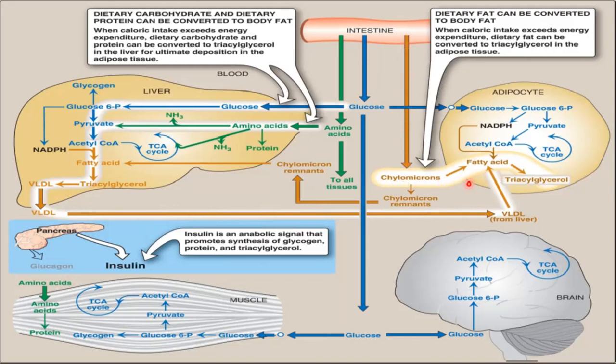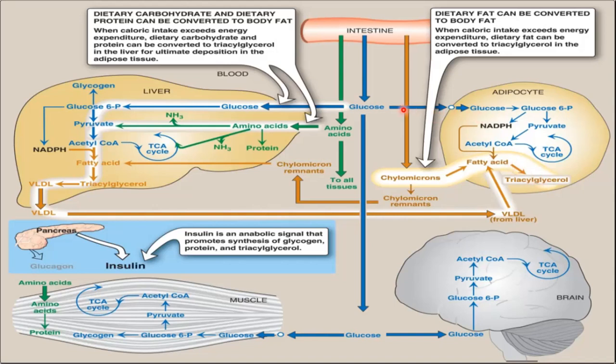Now, in the adipocyte, there will be expression of the lipoprotein lipase, which cleaves the very low density lipoproteins and chylomicrons to form fatty acids, which are esterified to glycerol to form triacylglycerol.